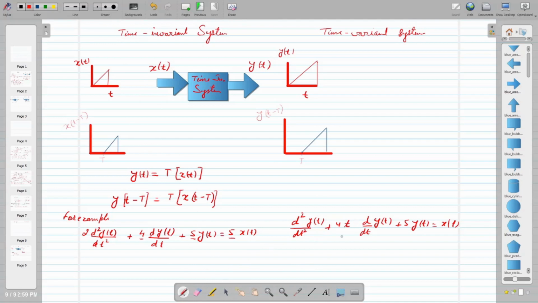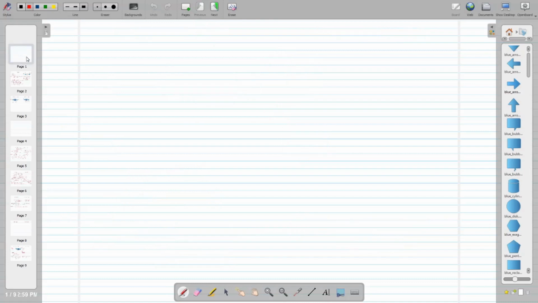If it is so, the system is time variant. So this is a time variant example, right? And this is a time invariant example. In this way we can understand the property of a system.